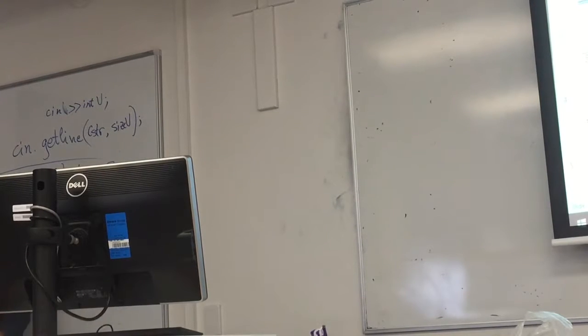And then we use getline to read everything else. Combining this can get you into trouble because cin leaves the end of line character in the buffer. If the user has entered an integer and pressed enter or return, then that new line character stays in the buffer, and when getline is called, it sees this end of line character and doesn't store anything in mString. It's an empty string.